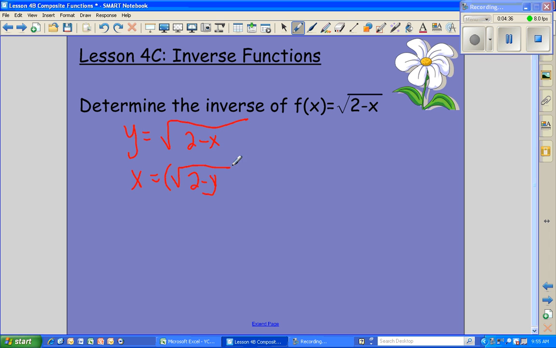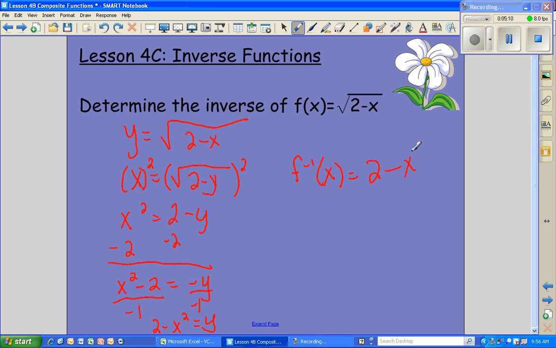In order to get y by itself, we need to get rid of that square root, so we're going to square each side, still using our properties of equality. x squared equals 2 minus y. Subtract 2 from each side. x squared minus 2 equals negative y. You need to solve for y, so we're going to divide everything by negative, which changes the order. So f inverse of x is equal to 2 minus x squared.